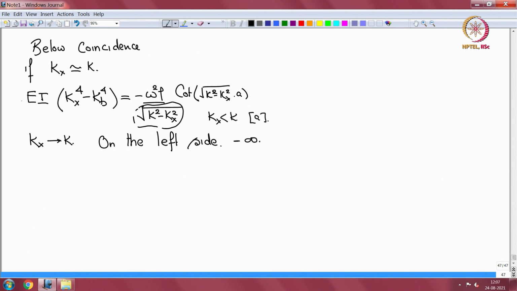If I open this term out, I have EI kx^4 minus m omega^2 equal to the right hand side.